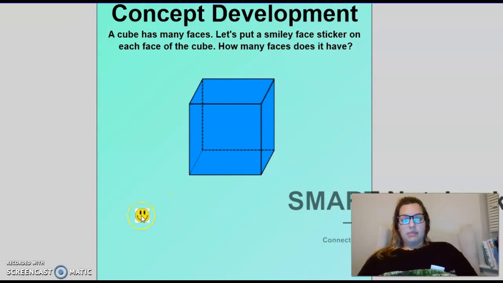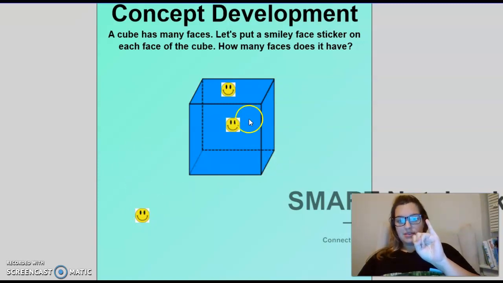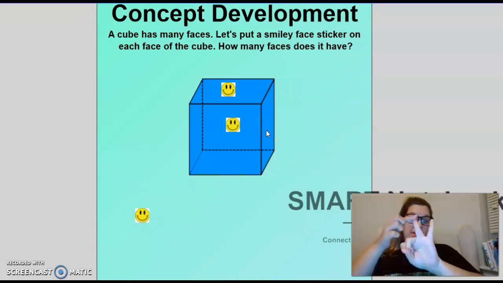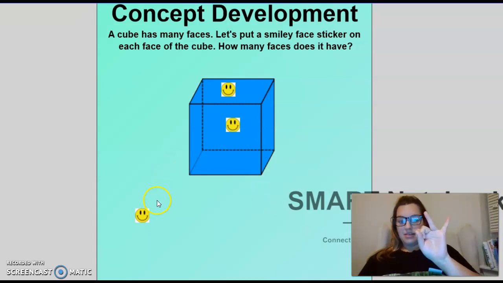So count with me. We have one up top, one behind. We'll add another one. One on the right side. One on the bottom. Oh my goodness. One on the left side.